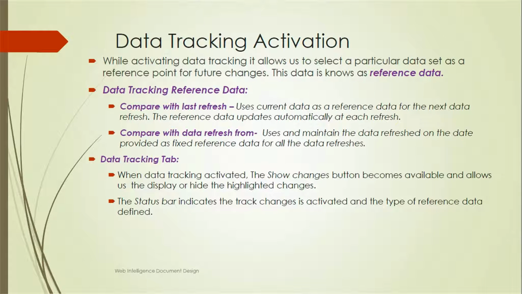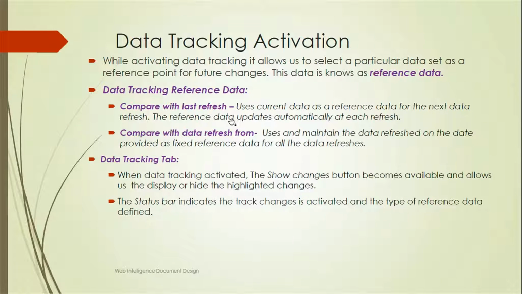Now, how can we activate data tracking in the Web Intelligence document, and how does it affect things? Activating data tracking allows us to select a particular data set as a reference point for future changes. This data is known as the reference data. We need to select one of the reference data options to track the changes. There are two options.